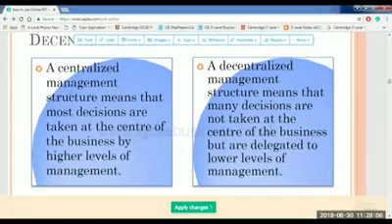A centralized management structure means that most decisions are taken at the center of the business by higher levels of management.